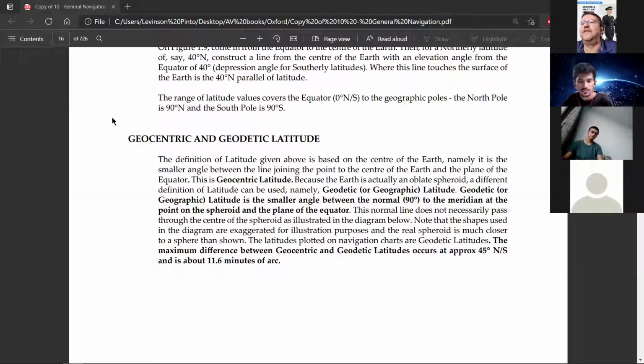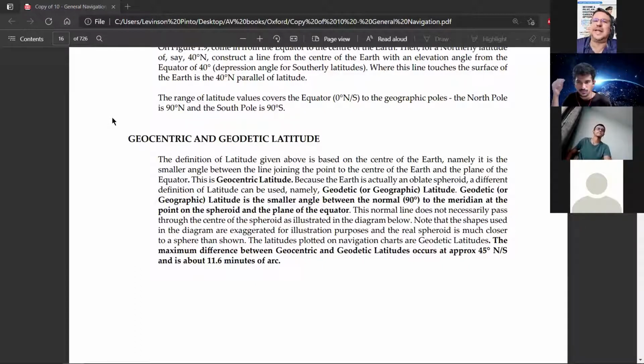Geodetic or geographic latitude is the smaller angle between the normal, 90 degrees to the meridian at the point on the spheroid, and the plane of the equator. The normal line does not necessarily pass through the center of the spheroid, as illustrated in the diagram below.